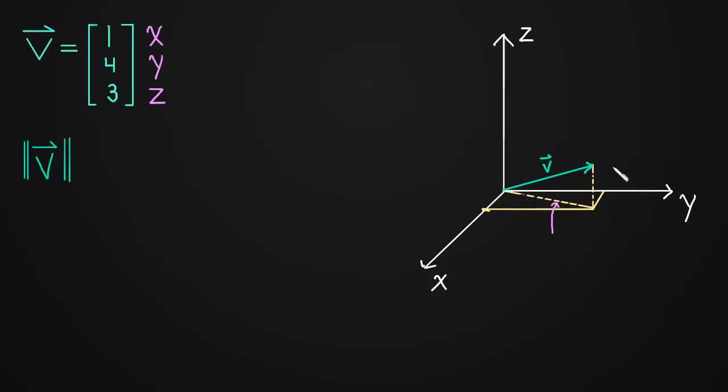This dashed line and this dashed line form the base and the height of the triangle, and the vector is the hypotenuse. I'll draw in a little square symbol so maybe you can see it better. It's a little bit at an angle to us, but it's definitely a right triangle sitting there.